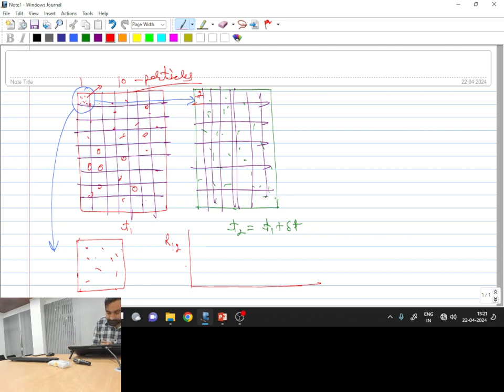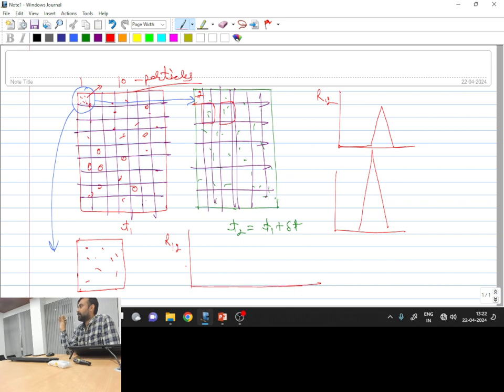Then say you have correlated this frame with this grid, and you have got a value of R12 something like this. When you have further correlated with this grid, you have got an even larger peak. You will be correlating with all the subgrids in the new image, and wherever you get the largest peak, that is the actual location of that particular grid.